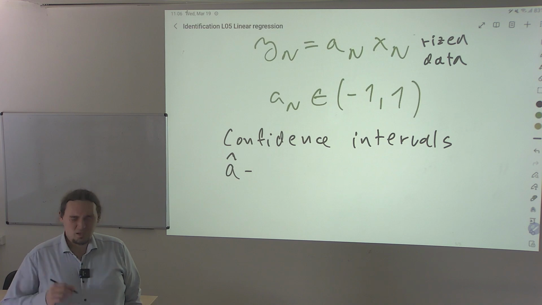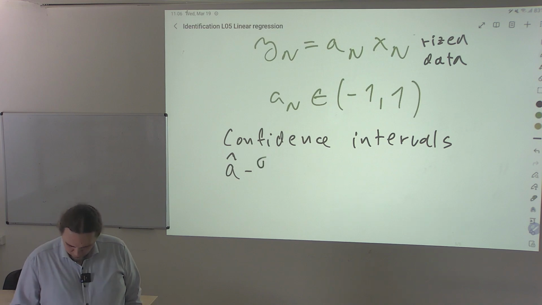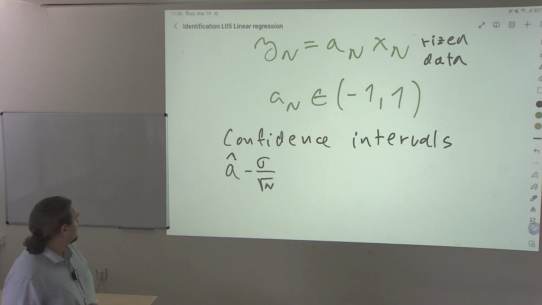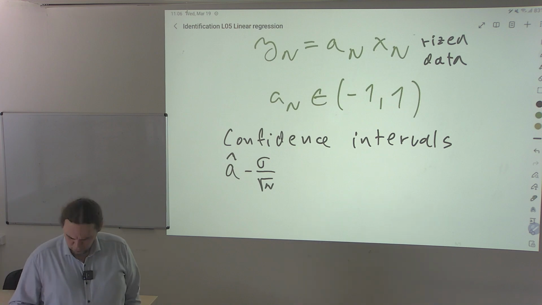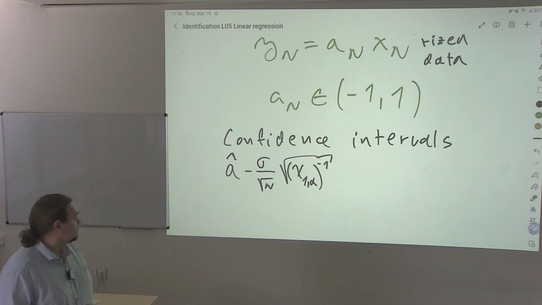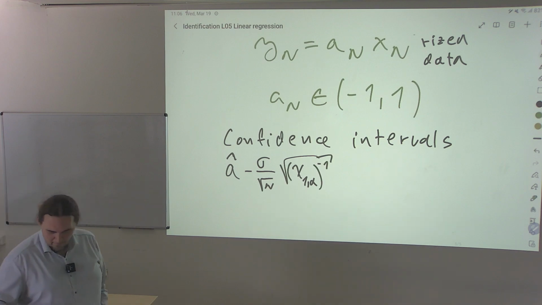We subtract some standard deviation, divide by the square root. What was there else? The square root of the chi-square quantile of the chi-square distribution.